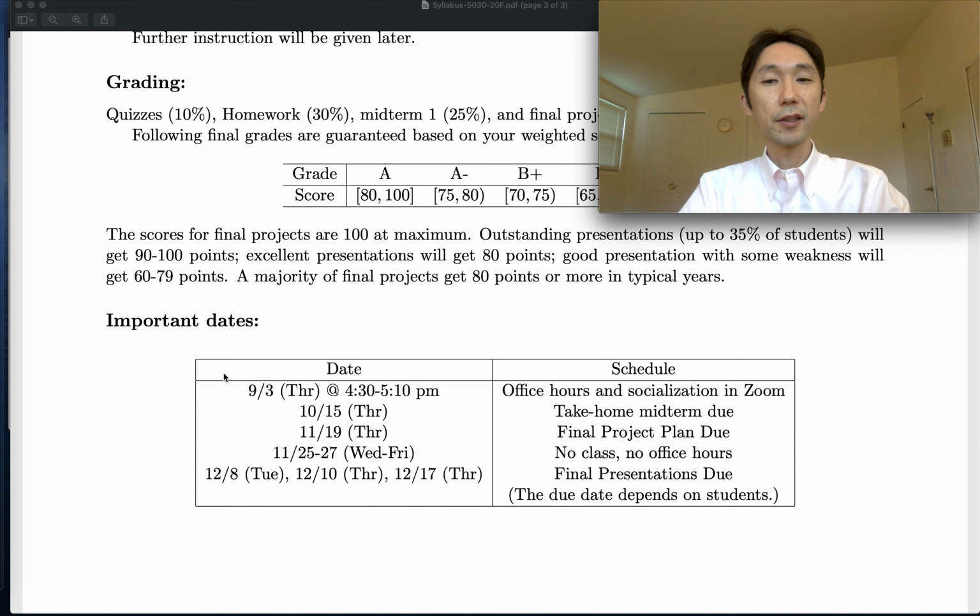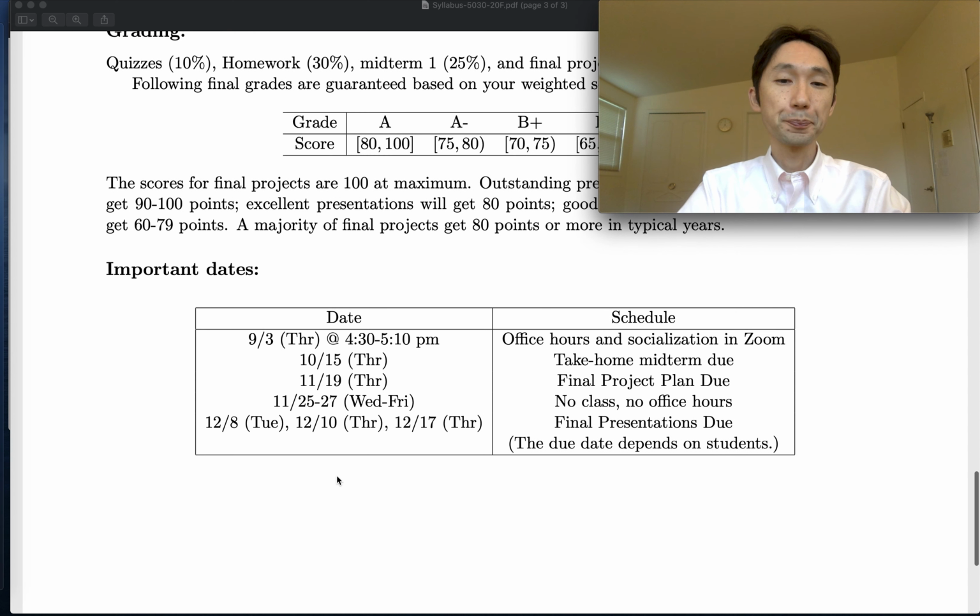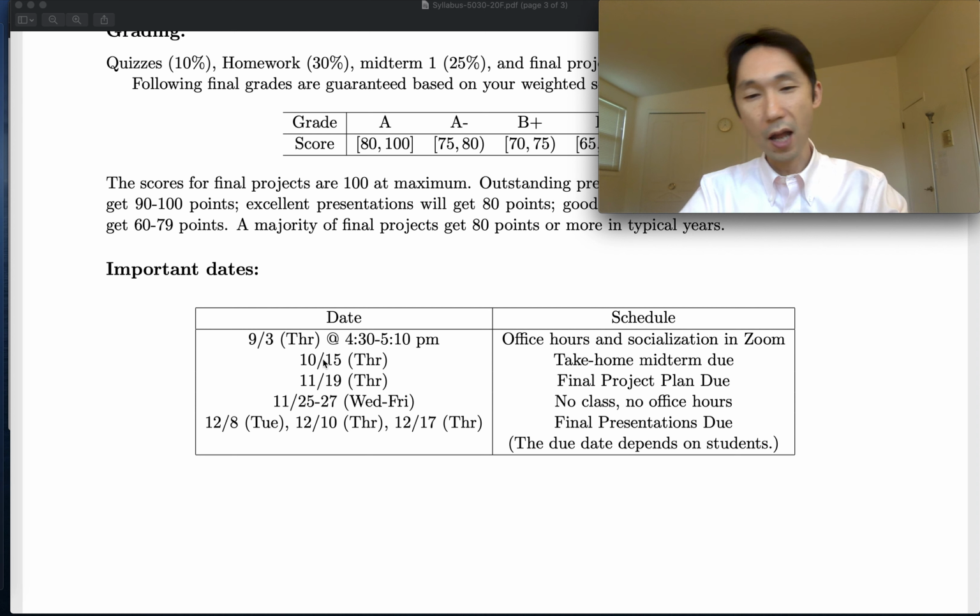Important dates. I strongly recommend you attend the first office hour on September 3rd. Take-home exam in the first half of October, with 1 week notice. Final project plan, November 19th.